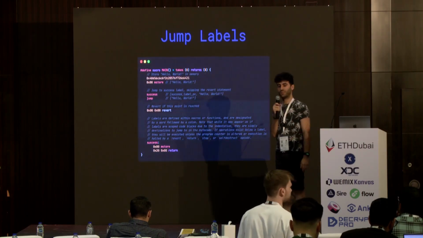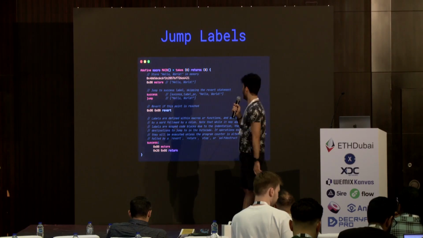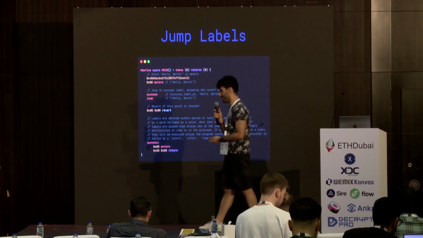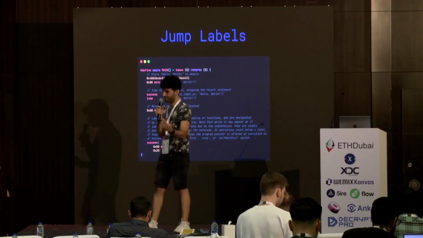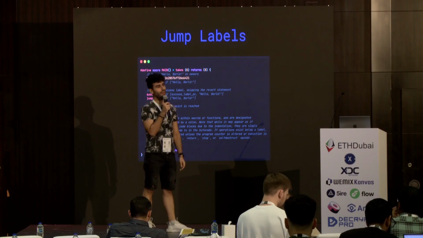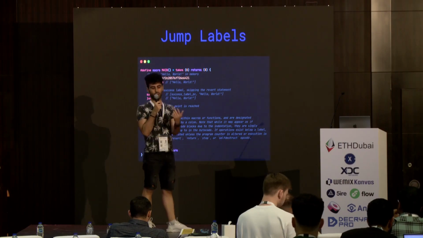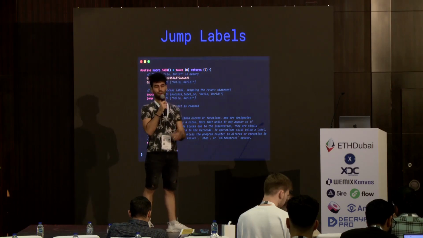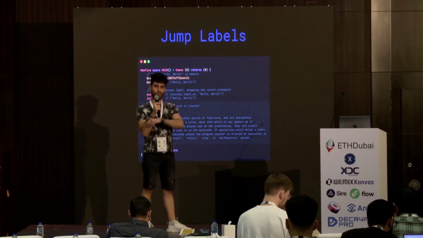One very cool feature of Huff basically is jump labels. So I'm just going to give you an example. If you tried by any chance to write pure bytecode by hand at some point, the way it works is that when you want to jump somewhere into your code, you will say, okay, I want to jump to the instruction number 22.